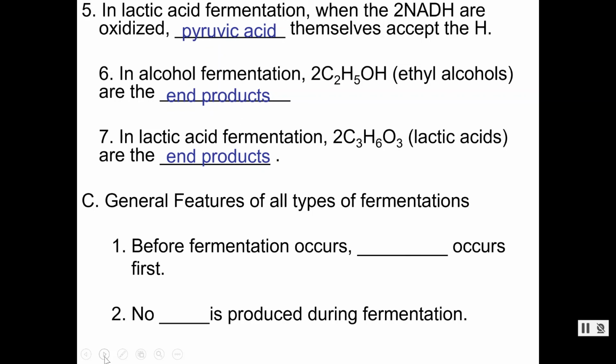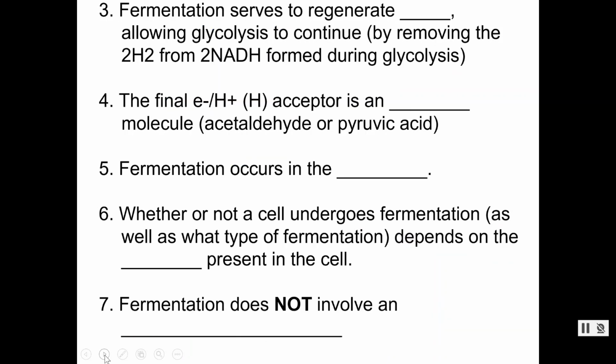General features: before fermentation occurs, you have to have glycolysis. And if you notice, no ATP is produced during fermentation. The reason our body does it is to regenerate NAD+, which can go back to glycolysis and keep us from dying. Fermentation serves to regenerate NAD+. A final electron acceptor is an organic molecule.